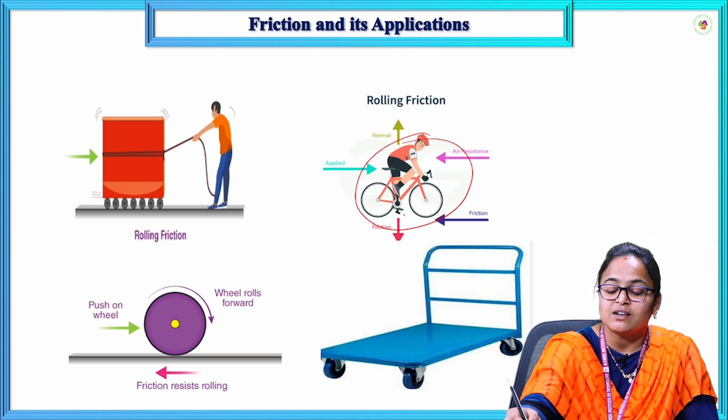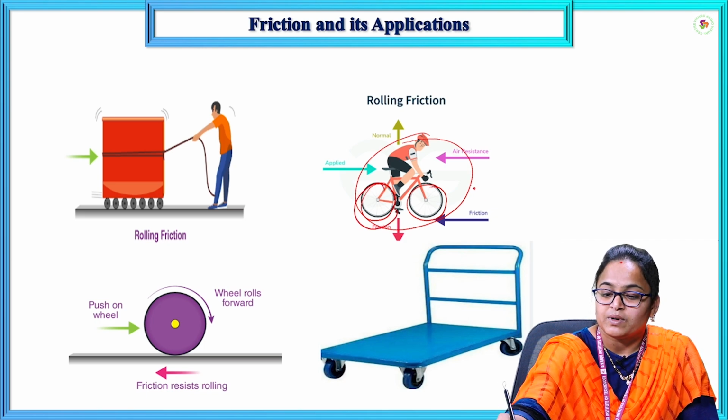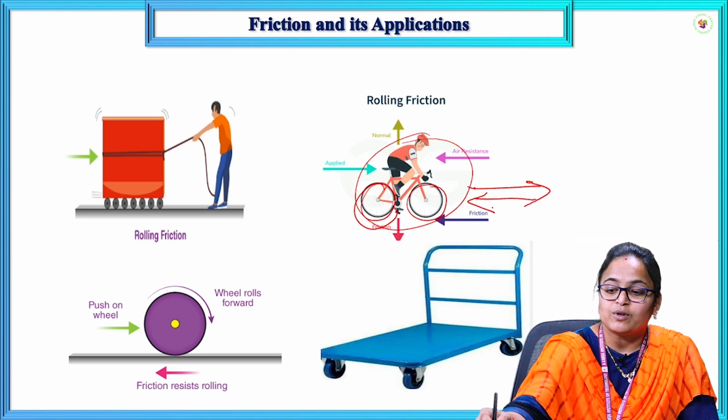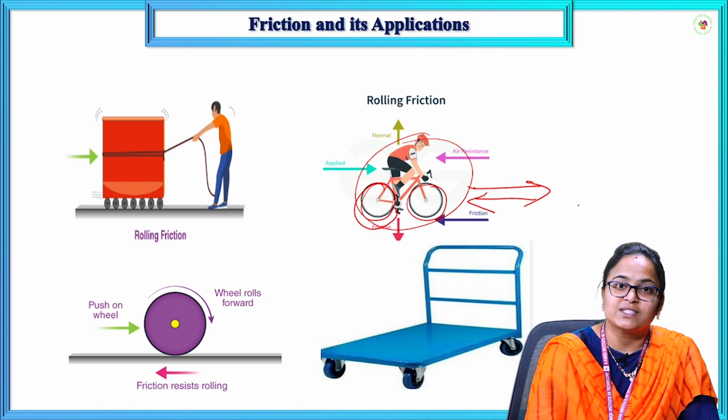There is a rolling frictional force between the wheels of the bicycle or motorcycle or car. So this boy is moving like this, so there will be a rolling friction opposite to the movement of the wheels of the cycle.